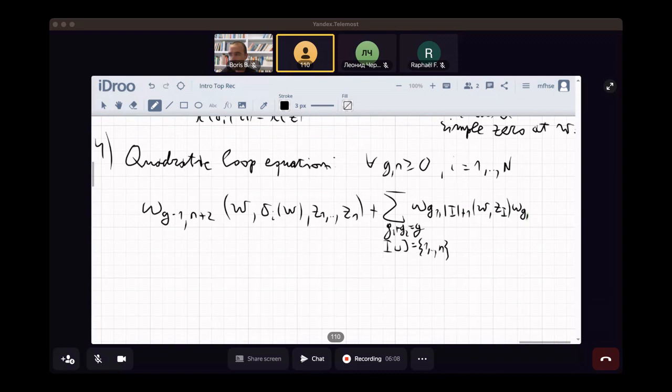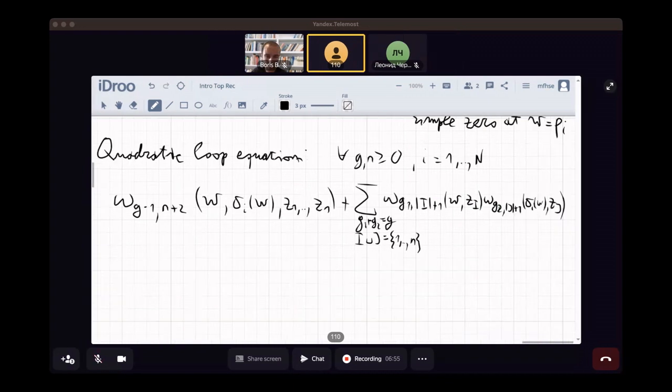What is the difference? The difference is that you do not have this prefactor. Recall the one with, in the numerator, the integral of omega 0 2, and in the denominator the difference of omega 0 1.